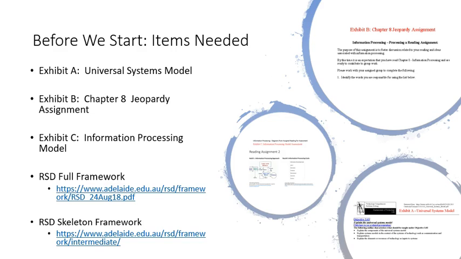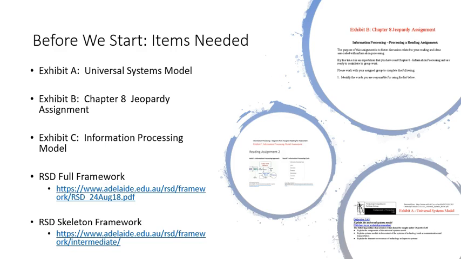Exhibit B, the Chapter 8 Jeopardy Model, captures the terms from an educational psychology textbook that describe the way humans process information, including sensory information, short-term memory, and long-term memory. The Jeopardy assignment was designed to have students process and discuss information from the assigned chapter.